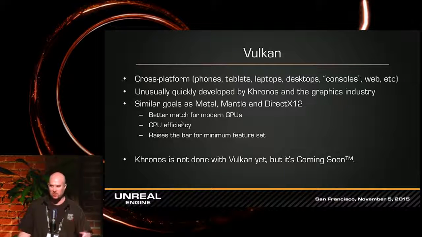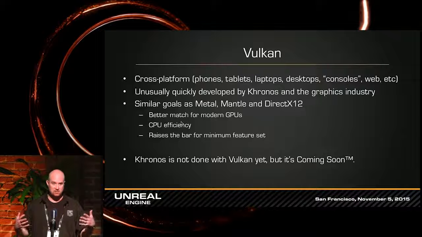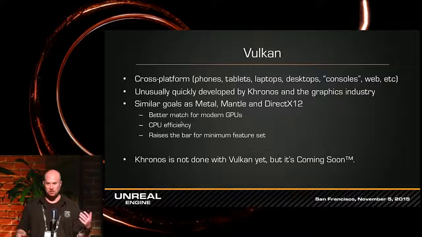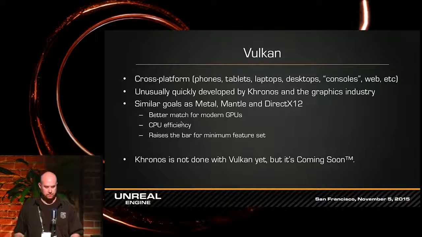It's been slowly evolving over time. Vulkan was taken and developed in pretty much 12 months. So surprisingly quick committee-based decisions with everyone from the industry participating, from the hardware vendors to software vendors to game developers. But it's not done yet, so we'll see if it's any good.